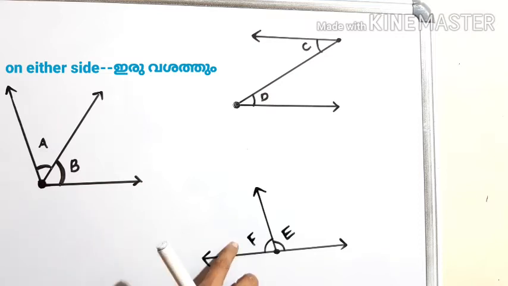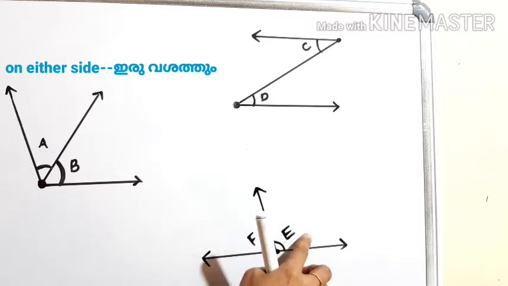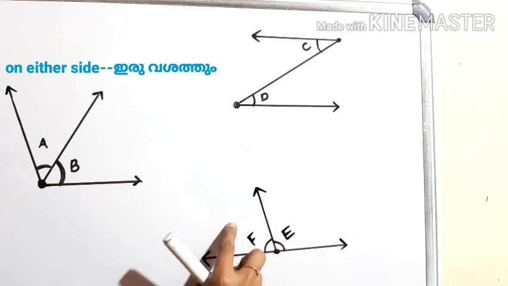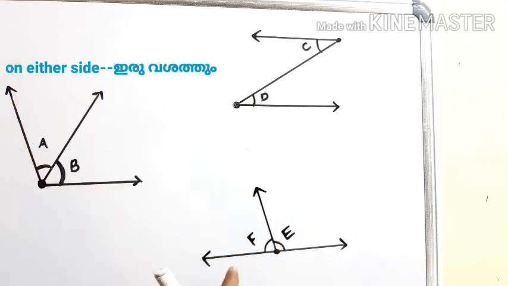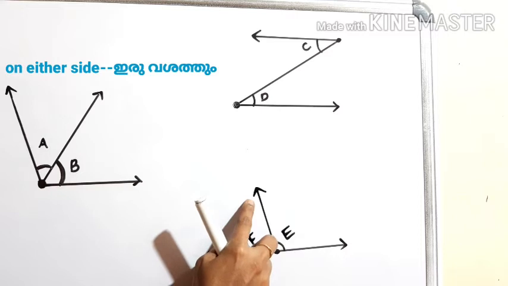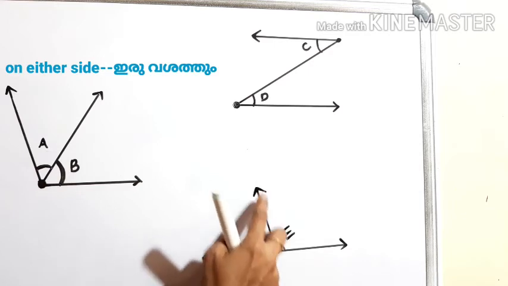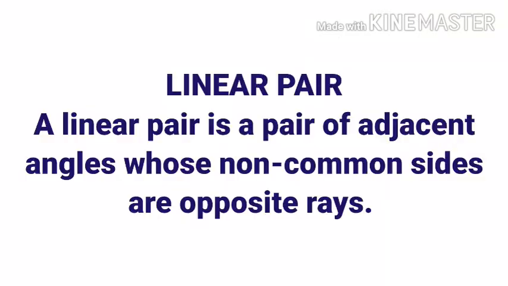Then angle F, angle E. Yes, these two angles are also an example for adjacent angles. Why? We can see here common vertex, common arm, and non-common arms lie on either side of common arm, right?